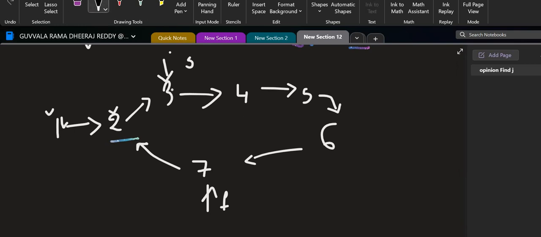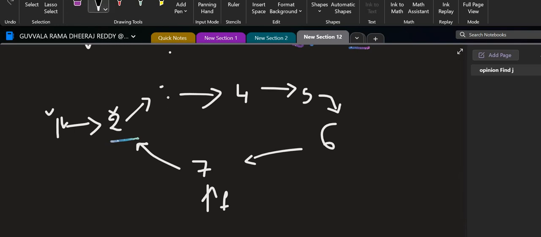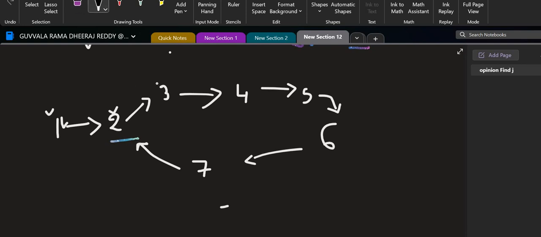Slow pointer will go to here. Next, fast pointer will go to here.